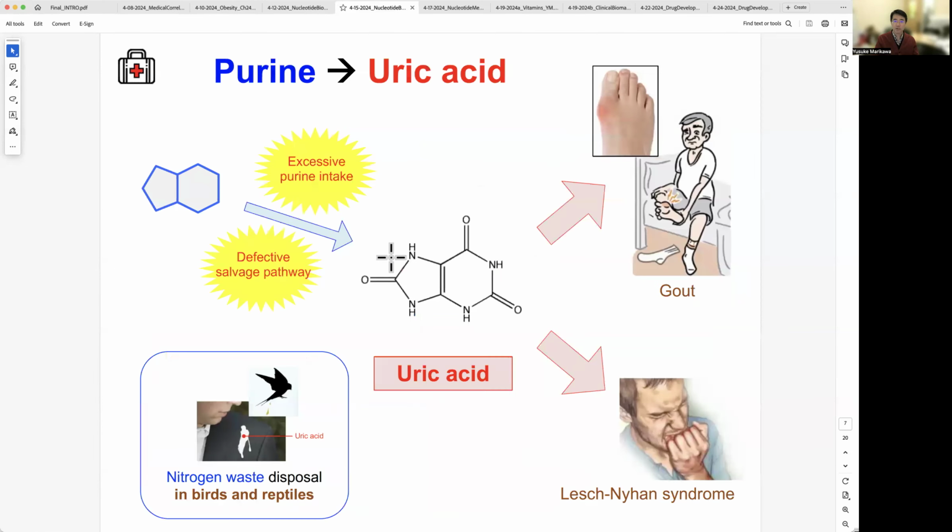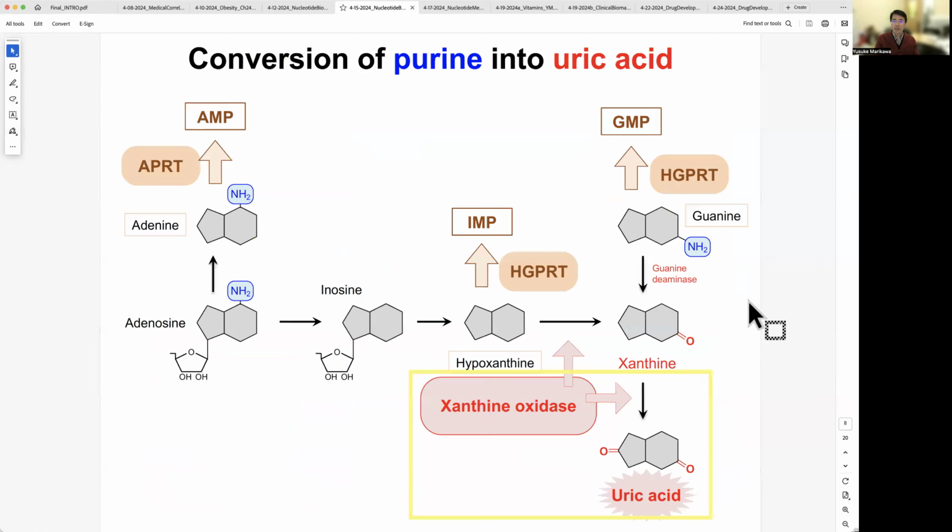This enzyme is particularly important with respect to uric acid formation in our body, which comes from the conversion of purines into uric acid.